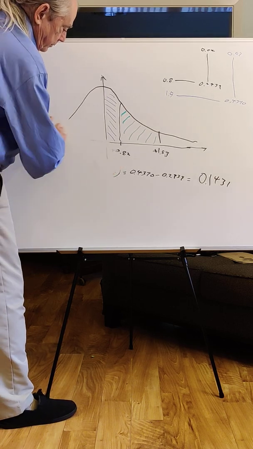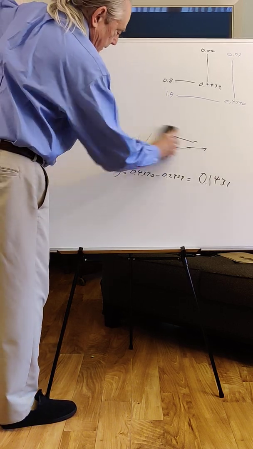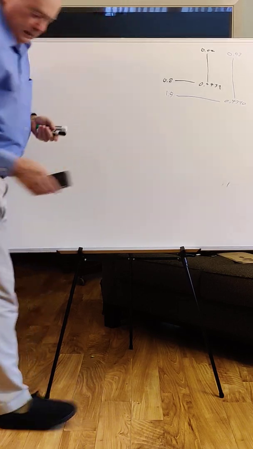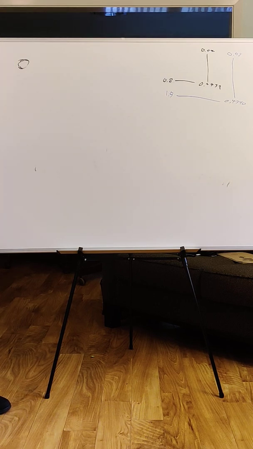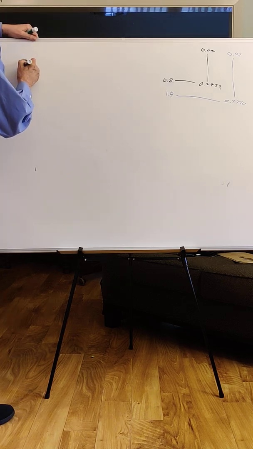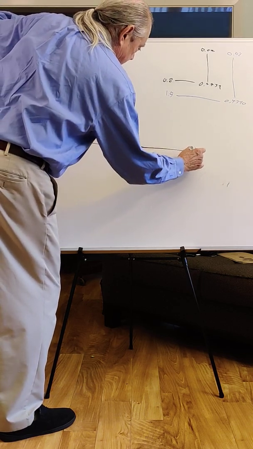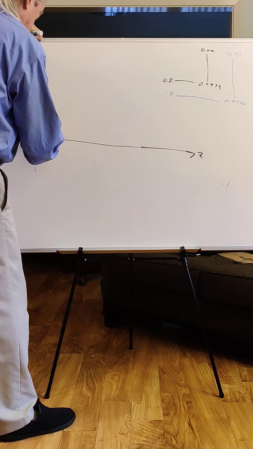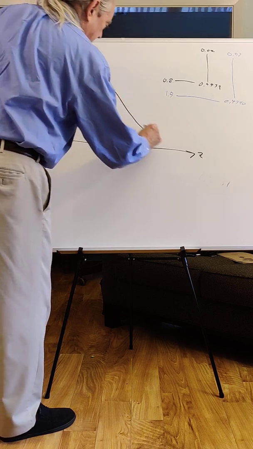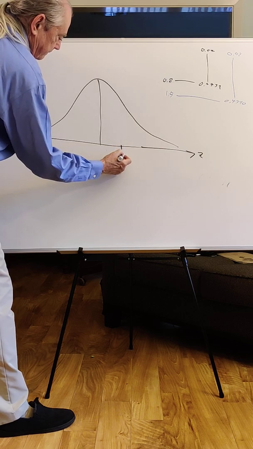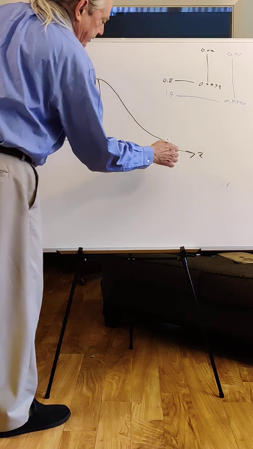Okay, finally, suppose we only have one endpoint rather than two. All right, so let's look at the area from 0.82 to infinity. So here's 0.82, and we go to infinity here.